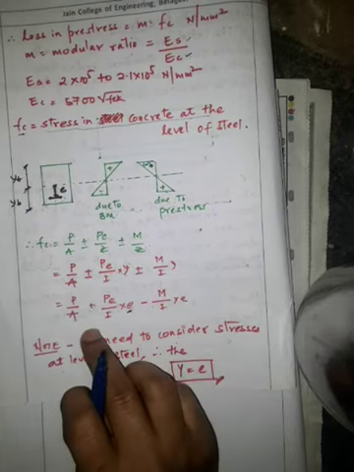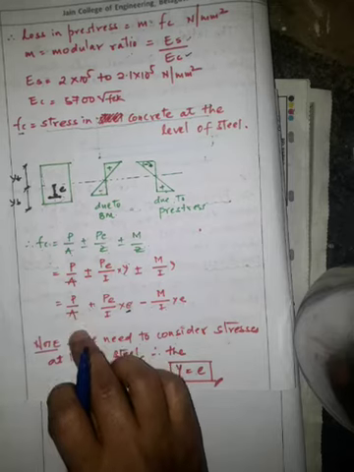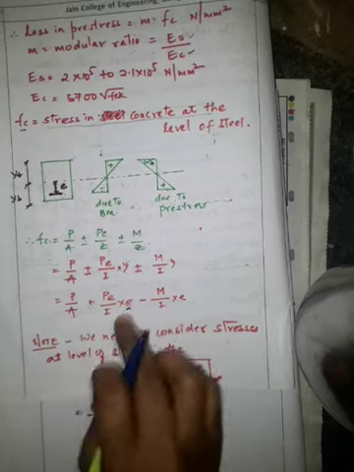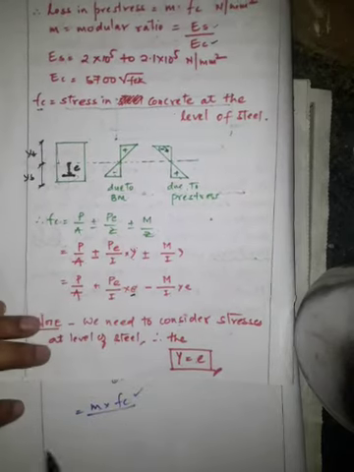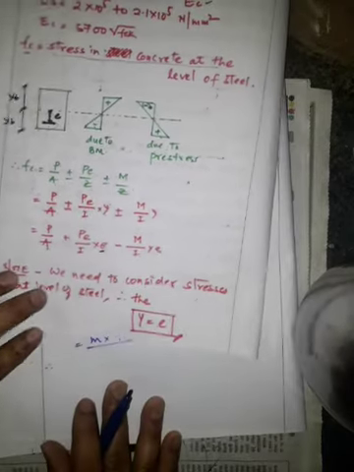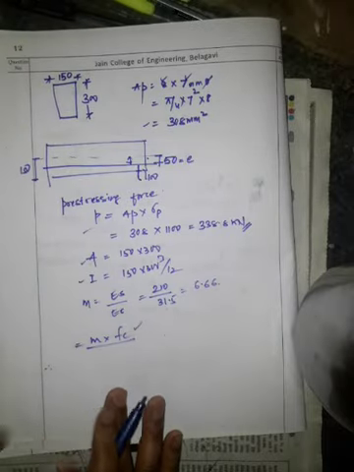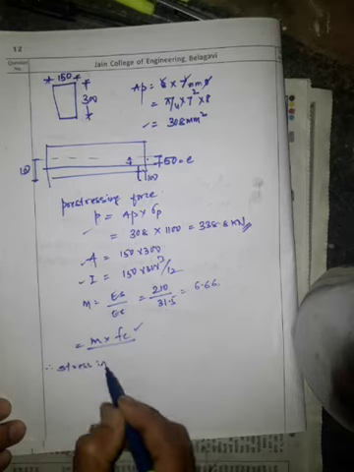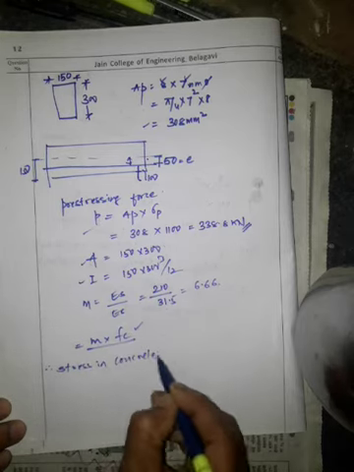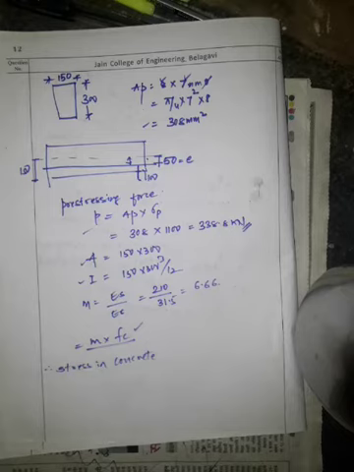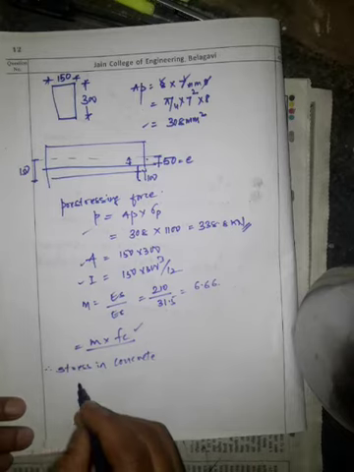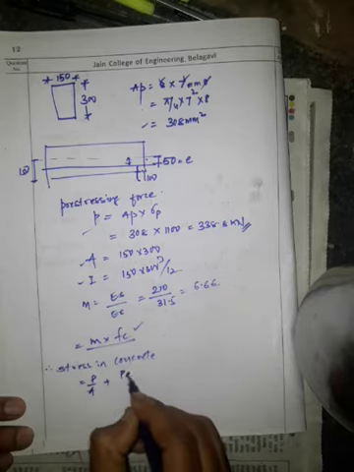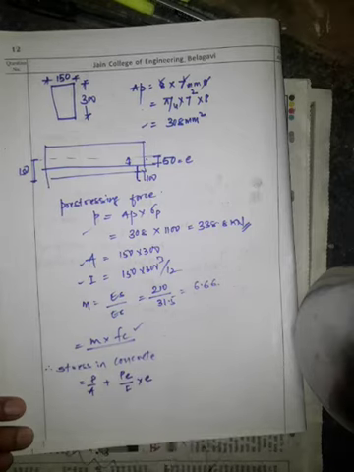So we have to find the stress due to only P by A and Pe by I into e. So the stress in concrete is given by P by A plus Pe by I into e.